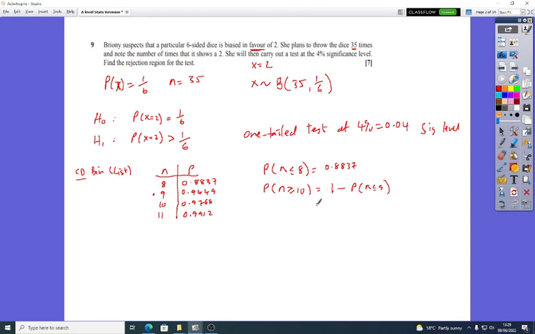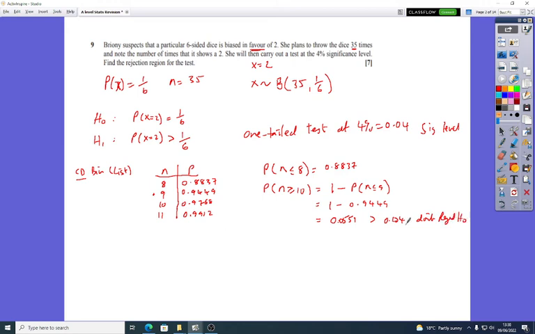We know the probability of getting 9 or less is here. So take away 0.9449, press equals on that one, and you'll get 0.551. So this one we cannot reject. This is because it's greater than 0.04. Don't reject.